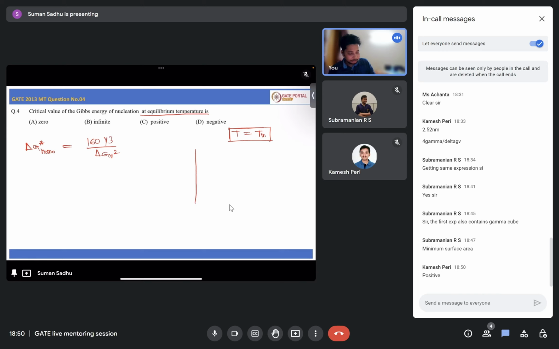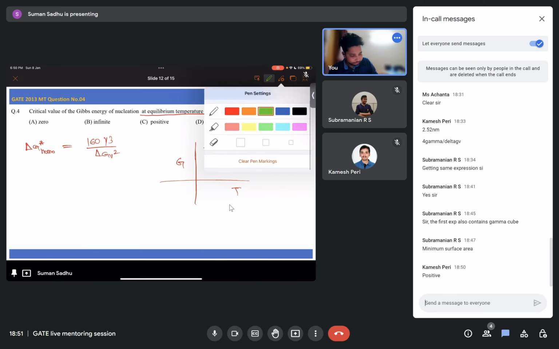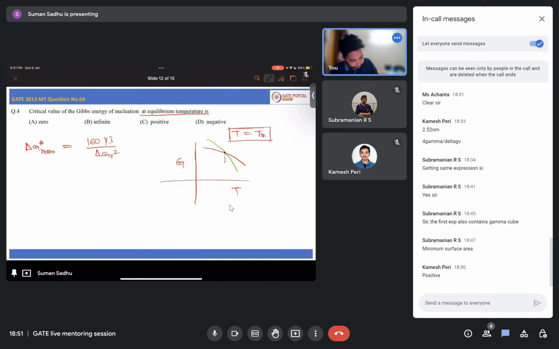I also have drawn that G versus T curve. This is for liquid, and this is for solid. So now you are at T is equal to Tm, that means you are at this temperature.